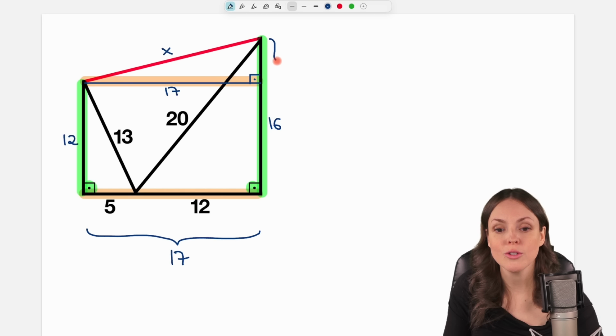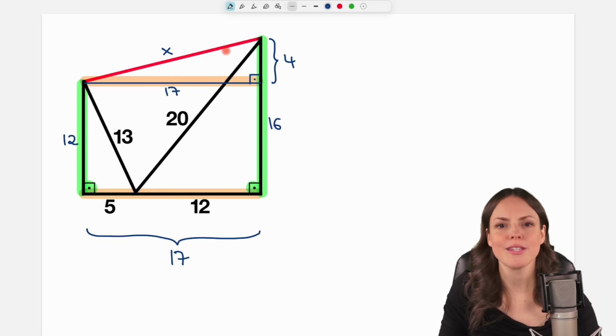Do I also know the length of this side here? Yes, I can find it because I know the length of the entire side, 16, and I know the length of this part here, 12. So I know that 16 minus 12, which is 4, is the length of this part here. And now we can use the Pythagorean theorem in this right triangle here to find the length of x.